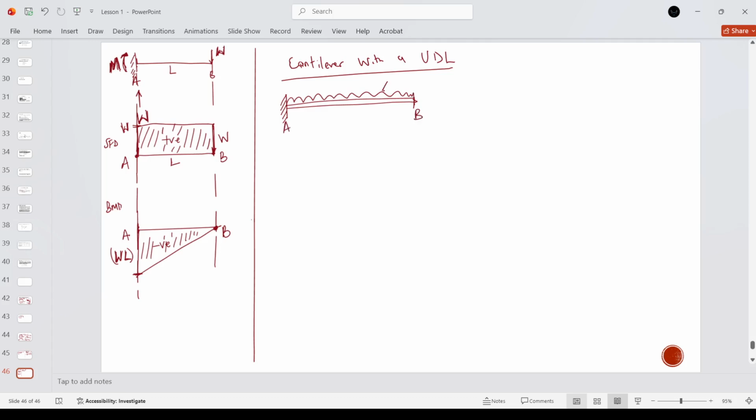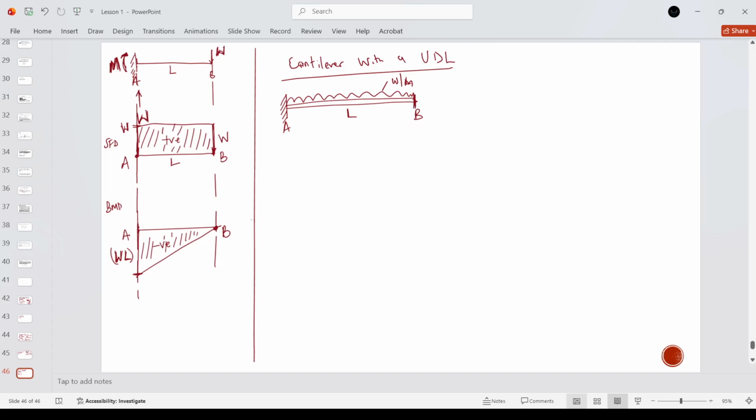So the magnitude is W per meter, and this is a span L. Okay, that's the span L. So how would you go about that?